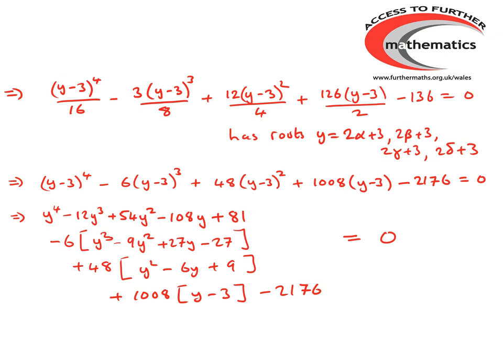Y minus 3 cubed expands out to y cubed minus 9y squared plus 27y minus 27. And y minus 3 squared expands out as y squared minus 6y plus 9.